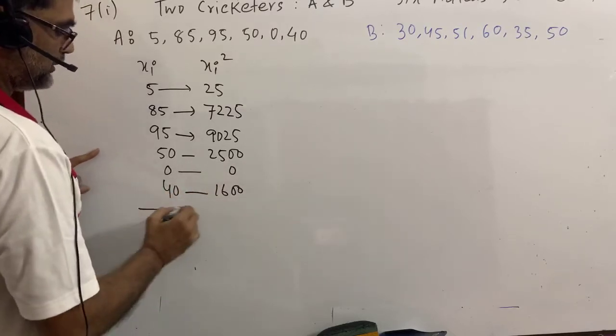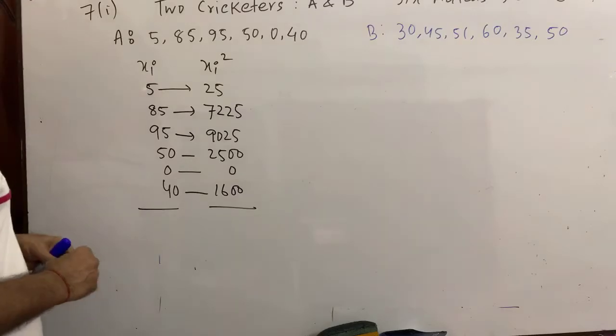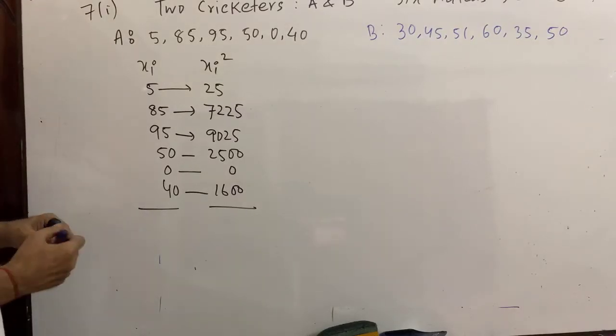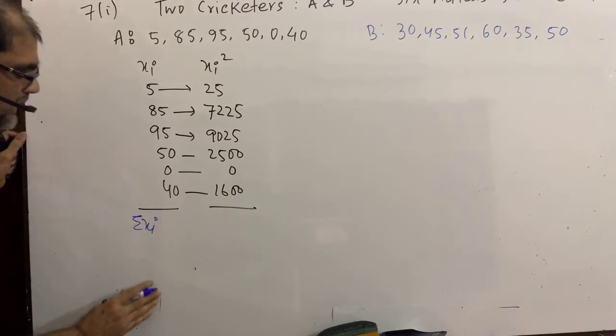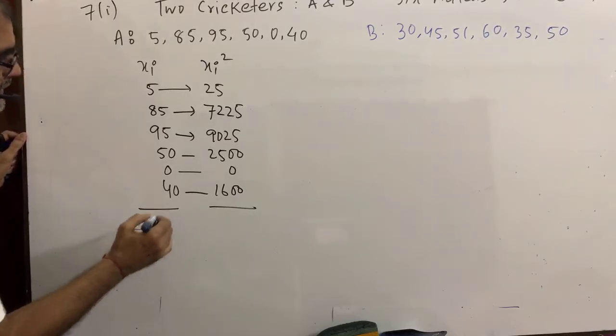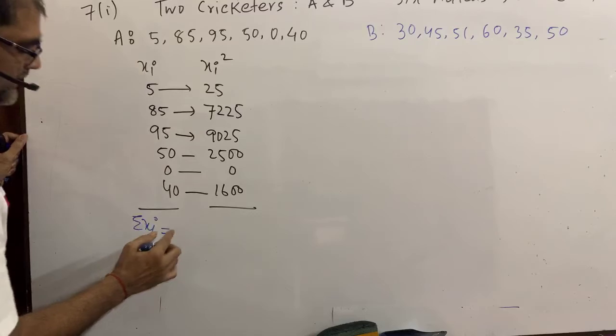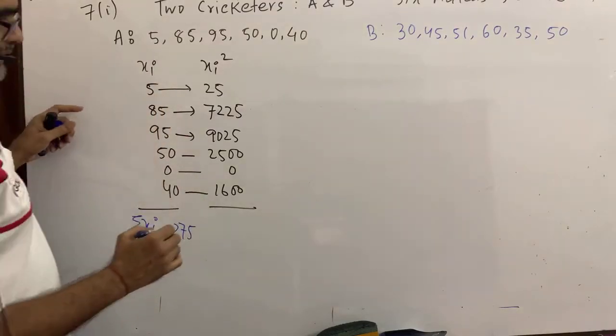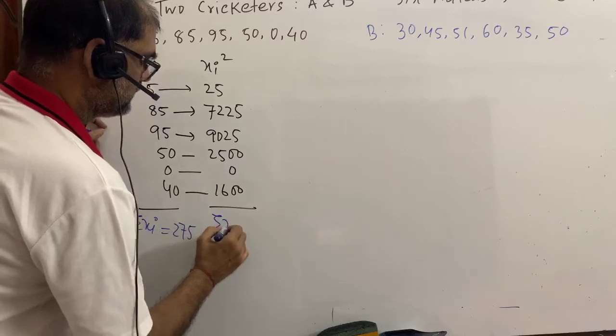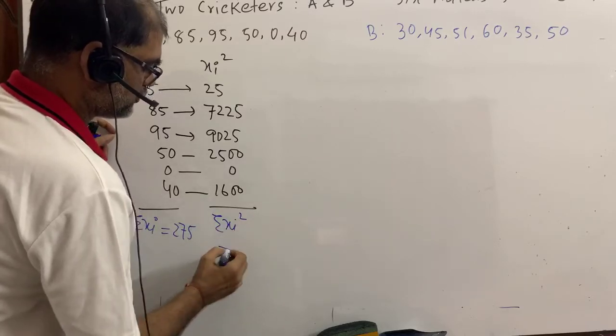Now please calculate it. Summation xi equals what? You add it, as I added at first: 275. Now summation xi square equals what? Please calculate.